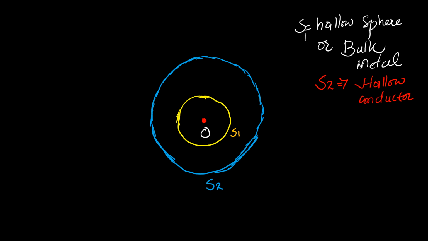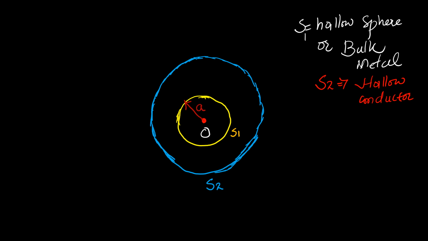That is why they act as a spherical capacitor, because the centers of spheres S1 and S2 are the same. Suppose the distance from the origin to the surface of sphere S1 is a.